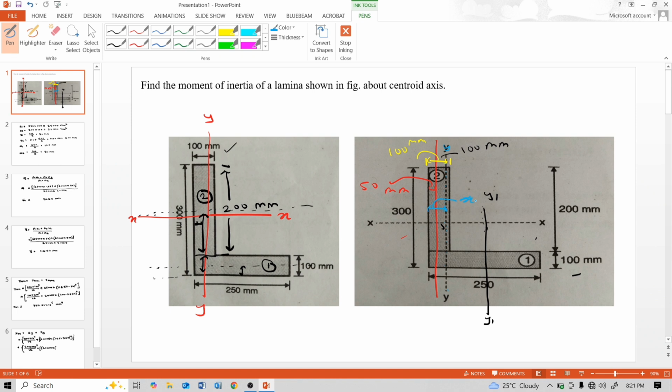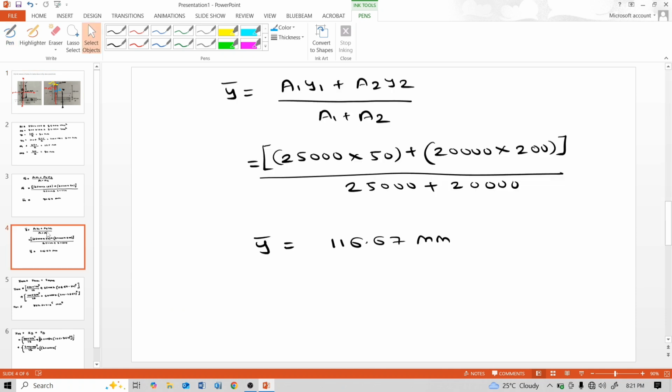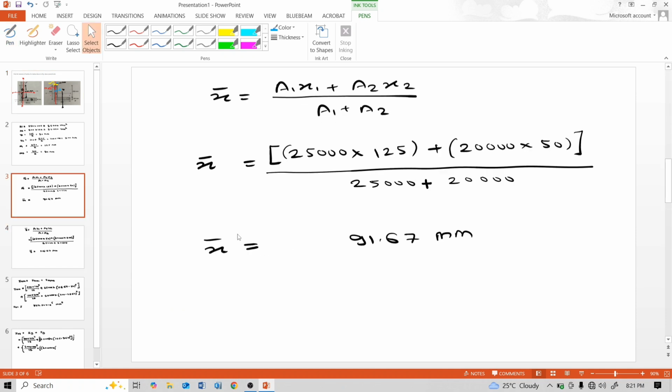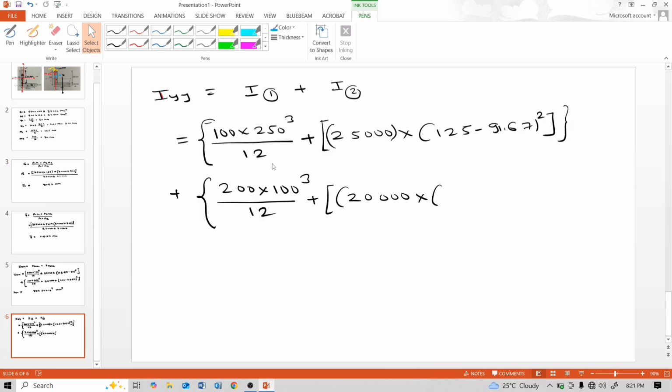That means x bar minus 50 mm, where x bar is 91.67, squared.